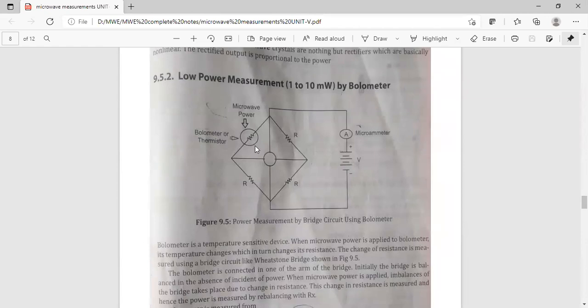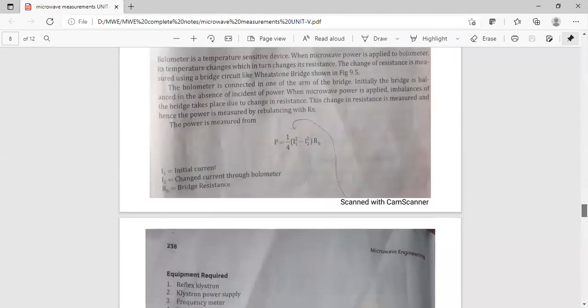I told you we have to measure the thermistor resistance, the bridge resistance, which is proportional to the thermistor. Using that, we can calculate the power. Okay, so this is one method.